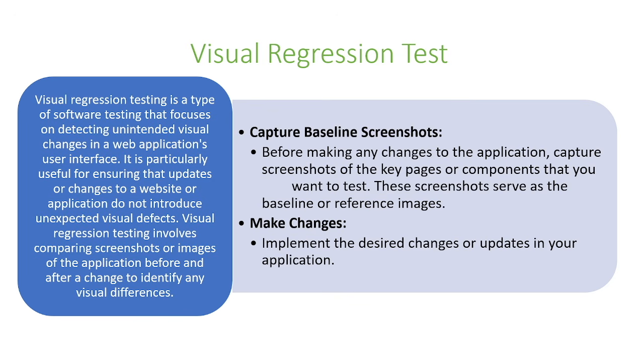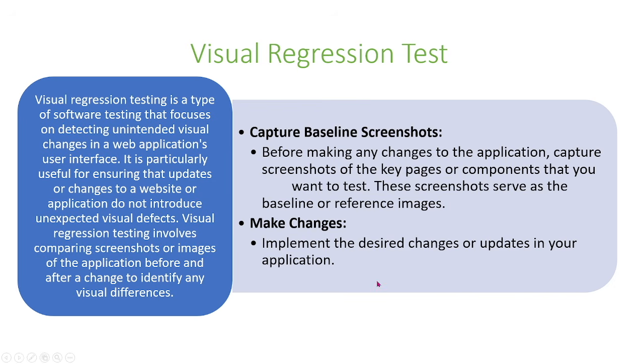It involves comparing screenshots or images of the application before and after a change to identify any visual differences. Capture baseline screenshots. Before making any changes to the application, capture screenshots of the key pages or components that you want to test. These screenshots serve as a baseline or reference image.